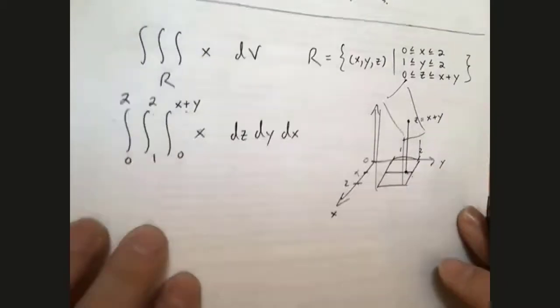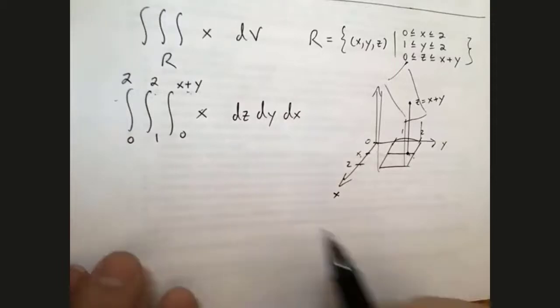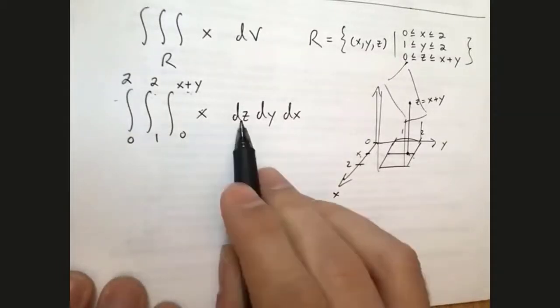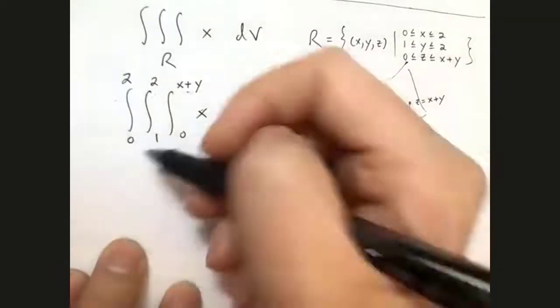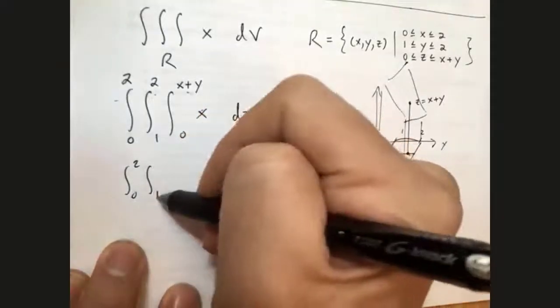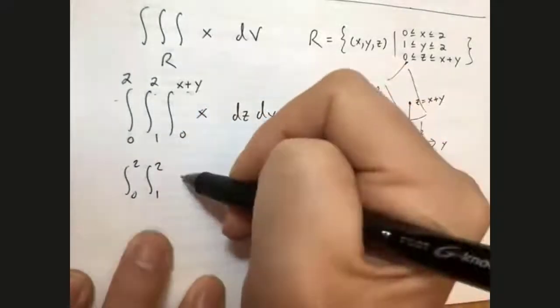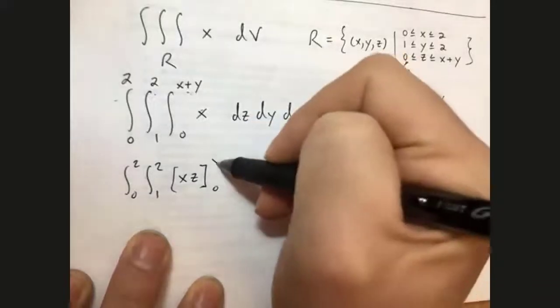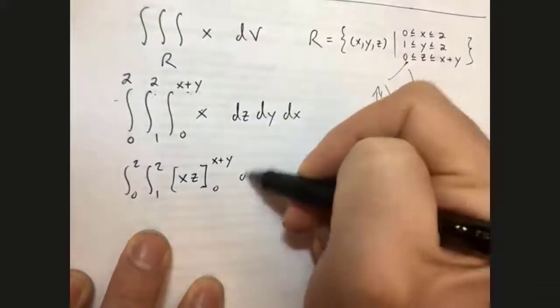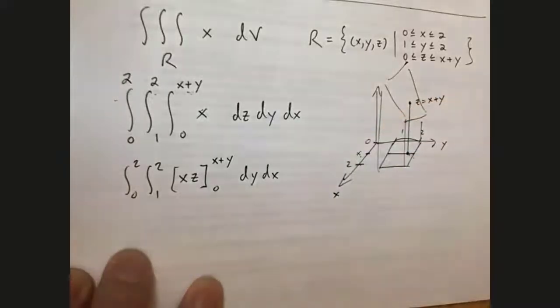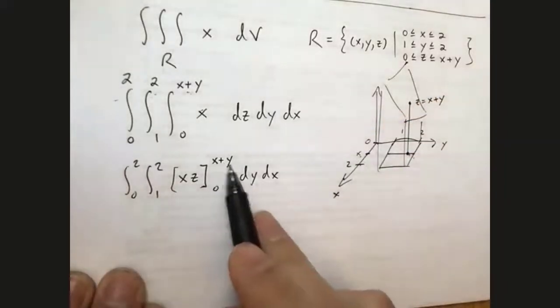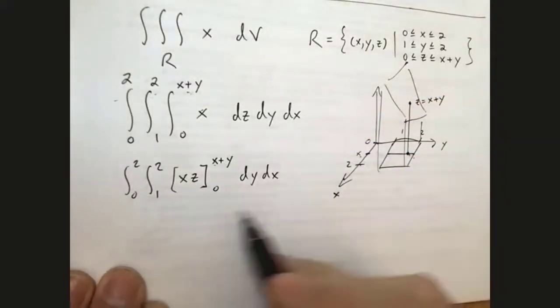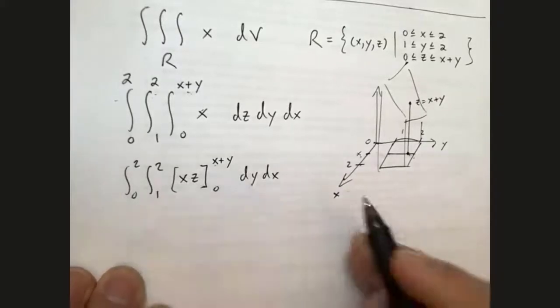All right, so let's unwind this integral and see what we get. First we're going to find the antiderivative with respect to z. Well, that'll become xz, and then we're going to evaluate that from 0 to x plus y. If I plug in x plus y in place of z, I get x squared plus xy, right?